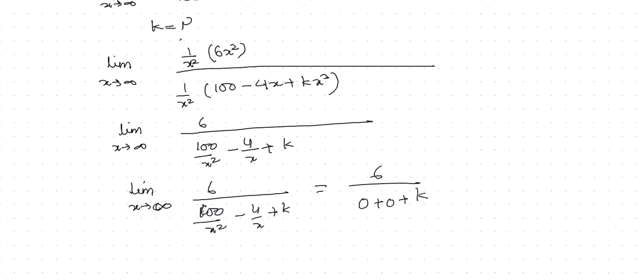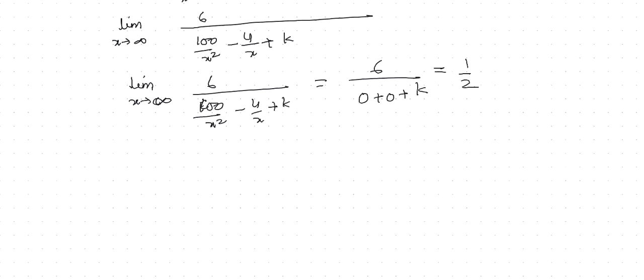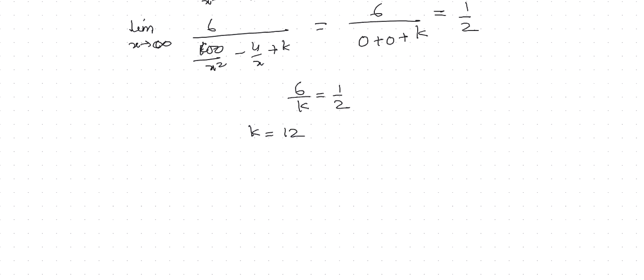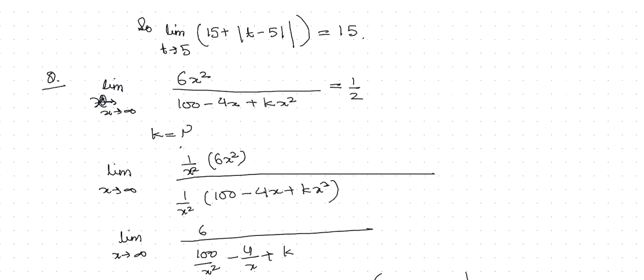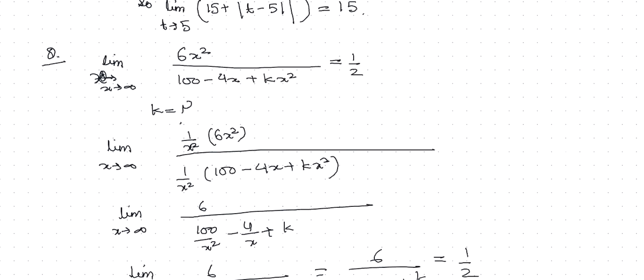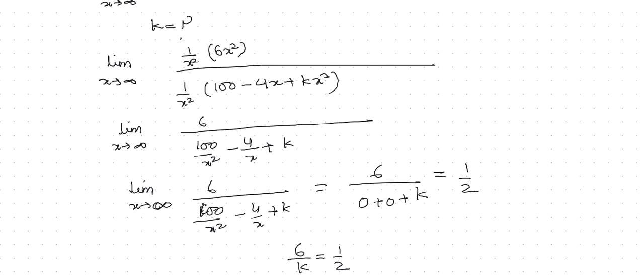And this is given here as half. So it means 6 by k is equal to half. So k is equal to 12. So if we put k equal to 12, the limit of this function will come to half.